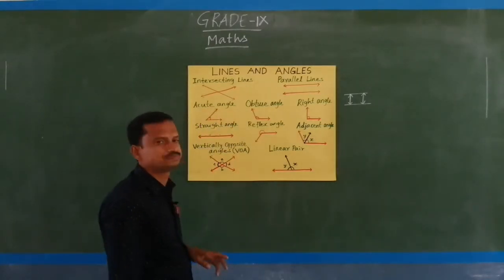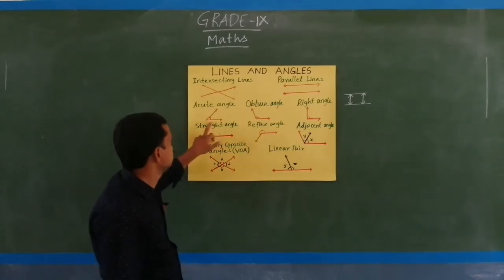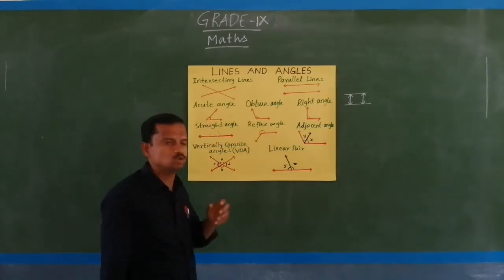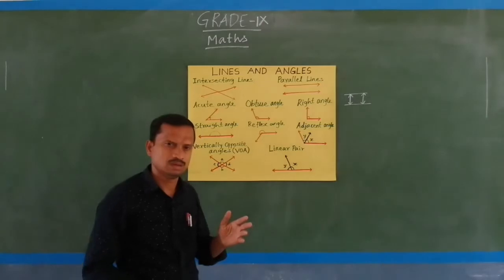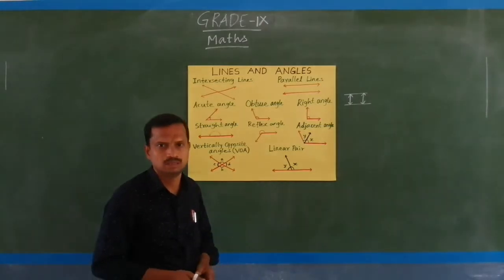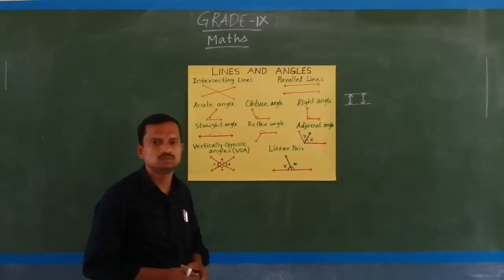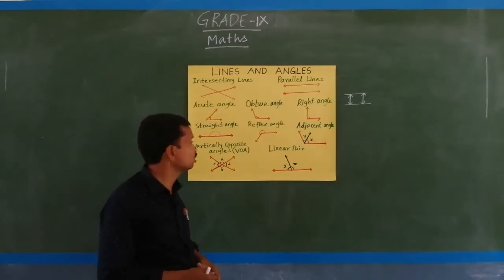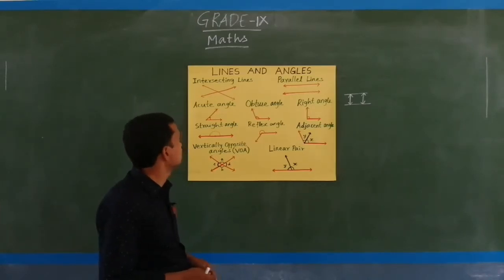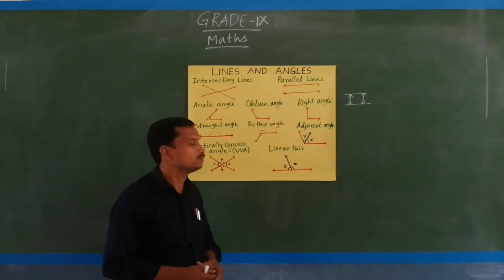Acute angle. You know that acute means the measure of the angle is below 90 degrees, that means 0 to 90 degrees.